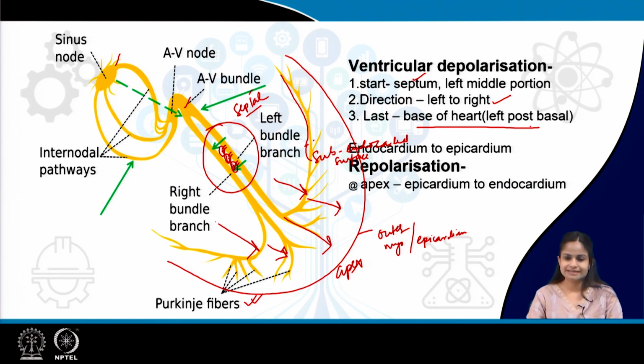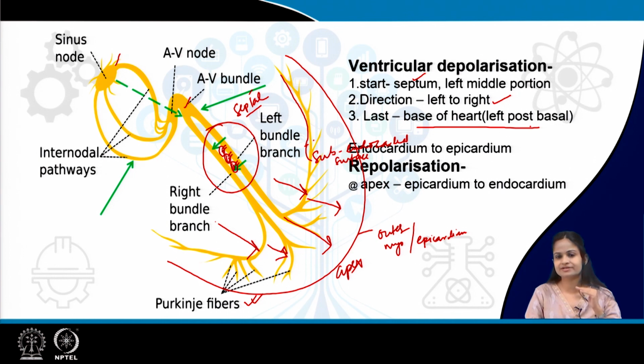The opposite occurs in the case of repolarization. Remember, the last site to get depolarized is the first site to get repolarized. Why is it so? Because whenever there is depolarization, the muscle contraction will occur. Whenever the ventricles contract to their maximum, the inner blood vessels will get constricted, there will be restriction to the flow of blood, but the outer myocardial blood vessels will remain unaffected.